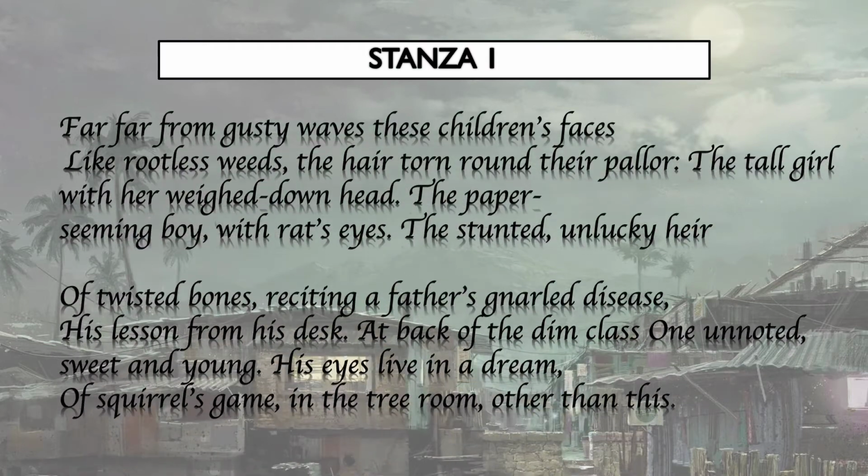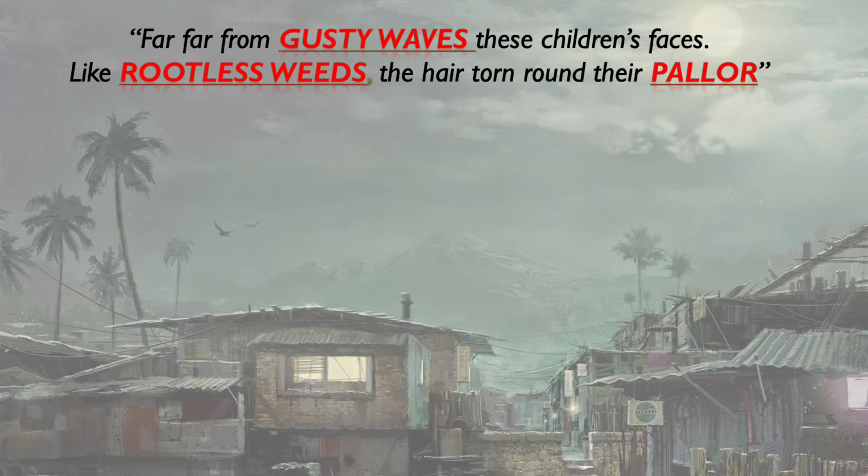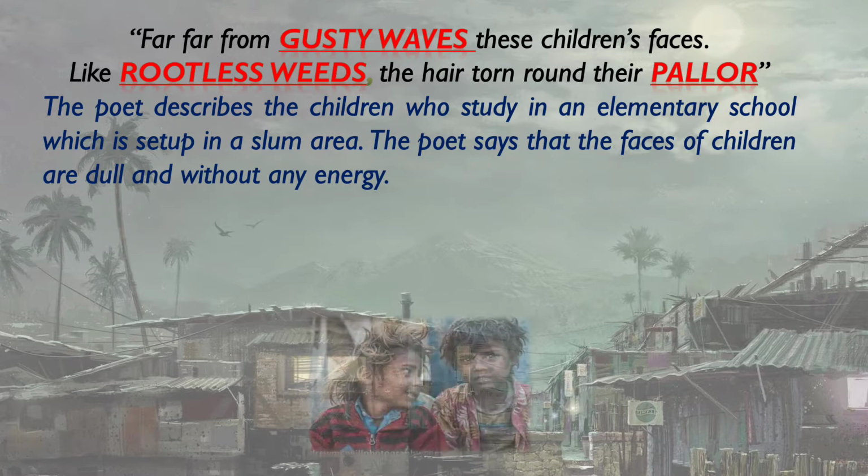Children, read the stanza 1 carefully. Far, far from gusty waves, these children's faces, like rootless weeds, the hair torn round their pallor. The poet describes the children who study in an elementary school which is set up in a slum area.